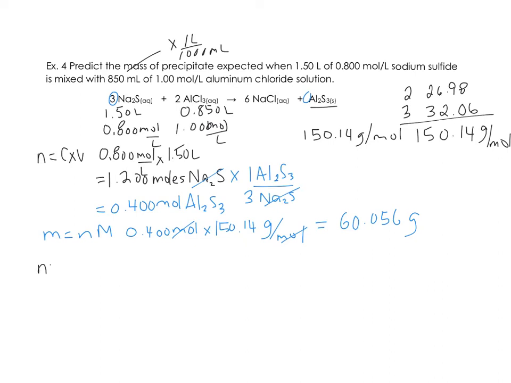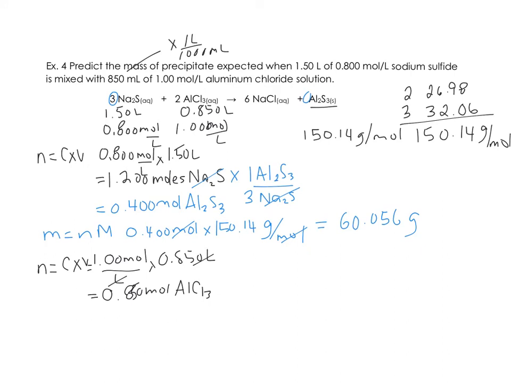Now we're going to do it again, but we're going to do it for aluminum chloride. So moles is equal to concentration times volume. So we take our concentration times the volume, and we get 0.850 moles of aluminum chloride.